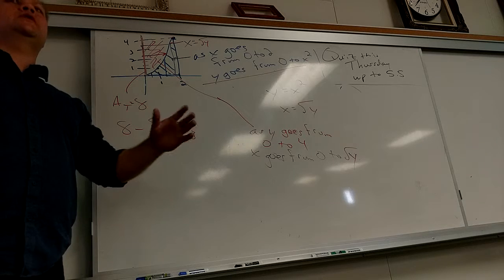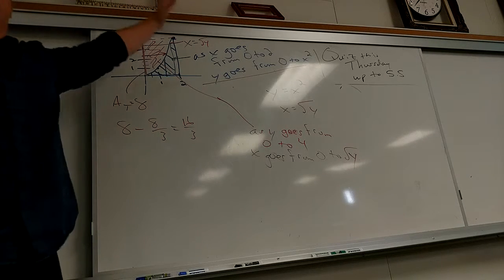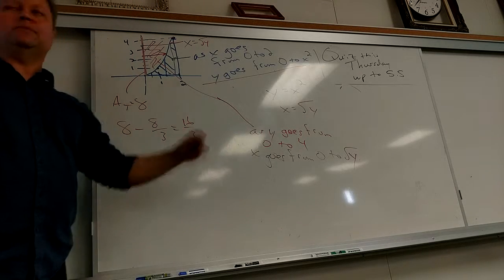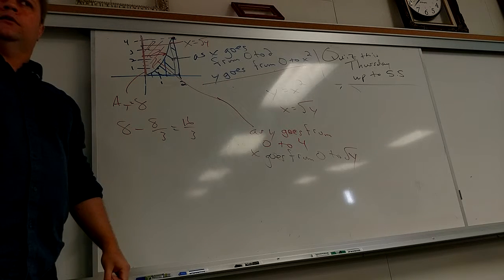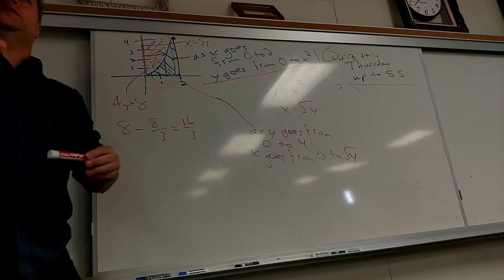We're so used to saying x goes between two constants, y goes between two functions. That's what we've been doing so far. But there's nothing that stops us from looking at it the other way. So let's set this integral up and see what it looks like.